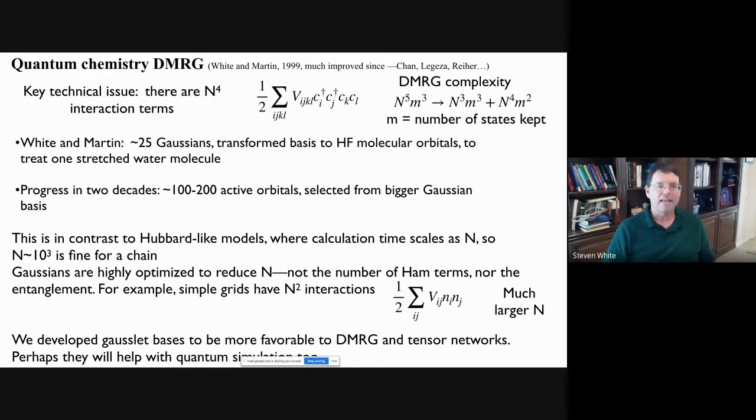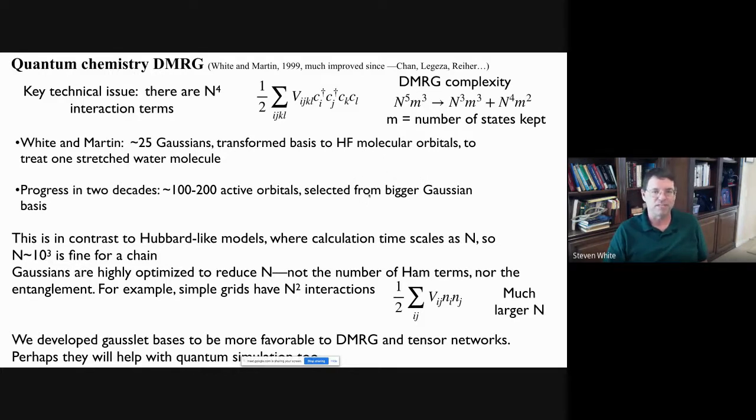Back then we could do a system, just a stretched water molecule, with a basis set of size 25. The progress in a couple of decades has been that people can do, say, 100 to 200 active orbitals, which can be selected from a bigger Gaussian basis.